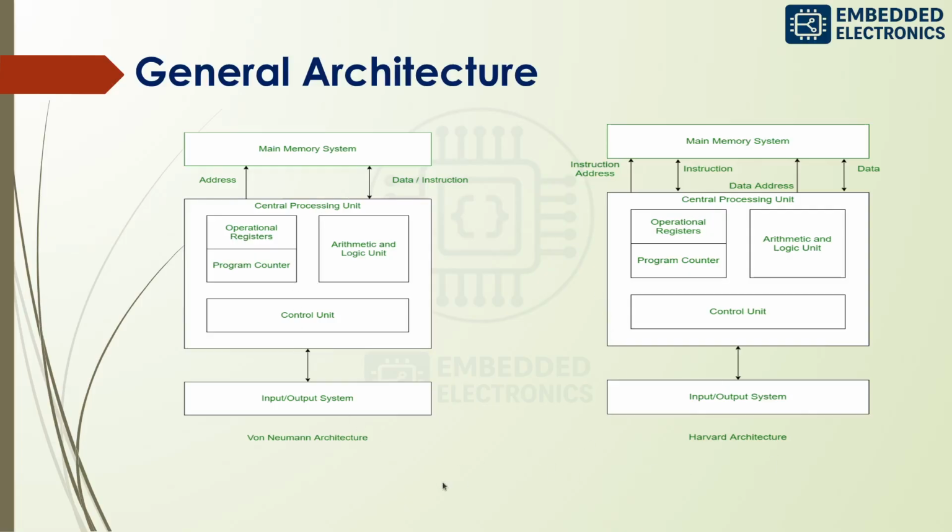But it has disadvantages also. In von Neumann architecture, the shared bus can be a problem because the data and control instructions cannot be obtained simultaneously, and therefore it becomes slow.